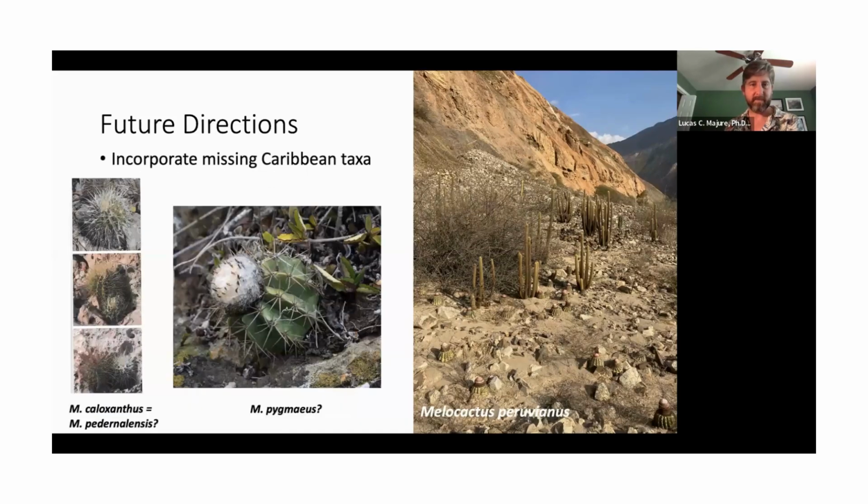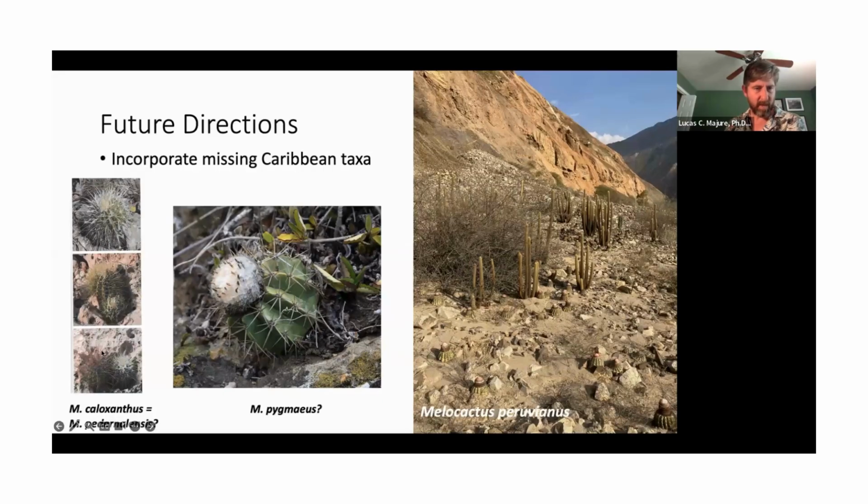And that's something that we're getting ready to tackle. So there are a couple of missing Caribbean taxa that have not been analyzed yet in any way, shape, or form. So there's this material that was described by Hoxie et al., Melocactus calosanthus, which in our checklist, we actually considered to be part of Melocactus pedernalensis.